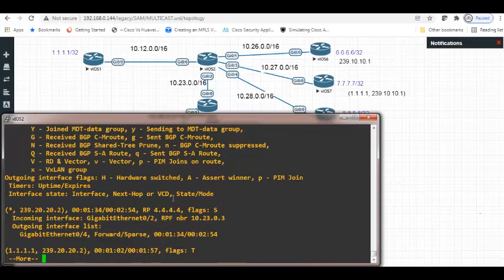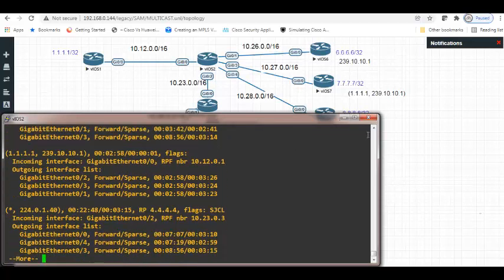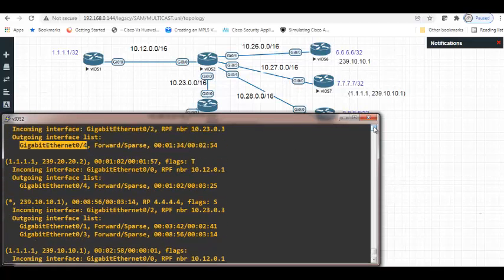You see, the only forwarder now is G04. See? Only outgoing is G04, no more G02. That's what I was telling you. RP is not in the data plane. RP is just going to say, okay, you can go there and find the source, find your own way to reach him, be happy.